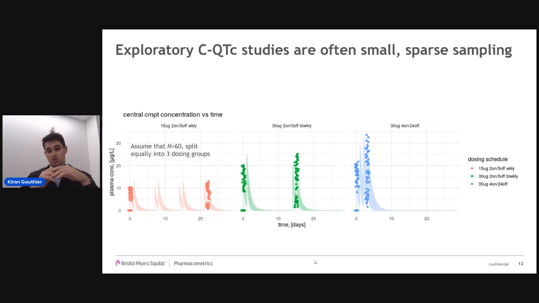But the patients across all the studies, obviously synthetic, receive the same amount of drug. So 15 micrograms, 2 days on, 5 days off weekly is 120 micrograms cumulatively. 30 micrograms, 2 days on, 5 days off by week, and 120 and 30, 4 days on, 24 days off, it's also 120. We're just delivering it differently based on the schedule.